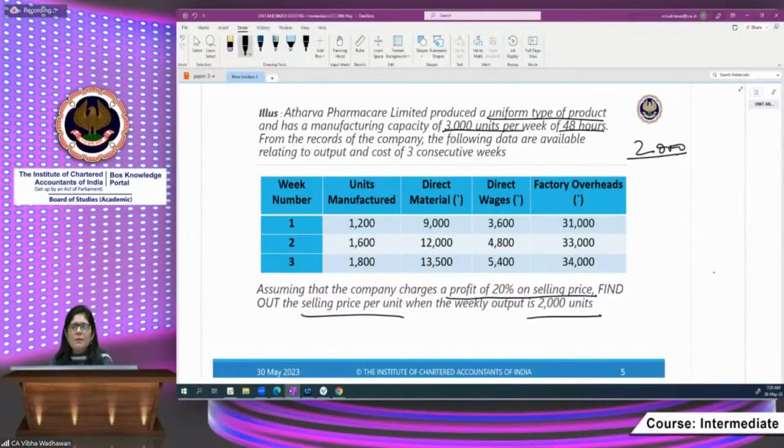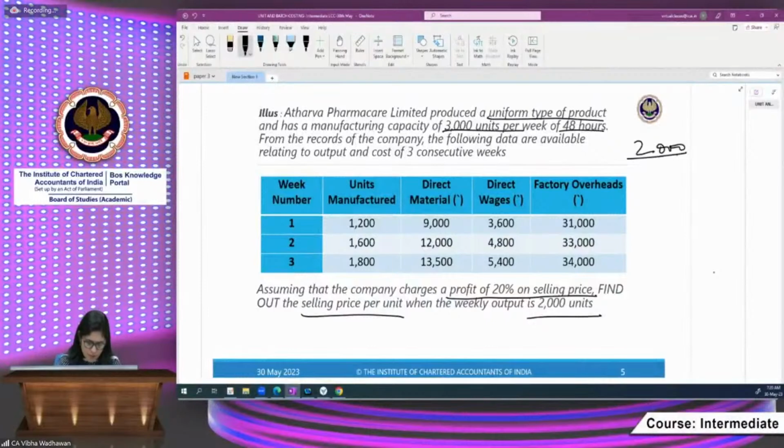Direct material, direct wages, direct expenses, what we call prime cost, is always variable. Clear? Variable means they always change in the same proportion to the output. So direct material 9,000, units manufactured 1,200.